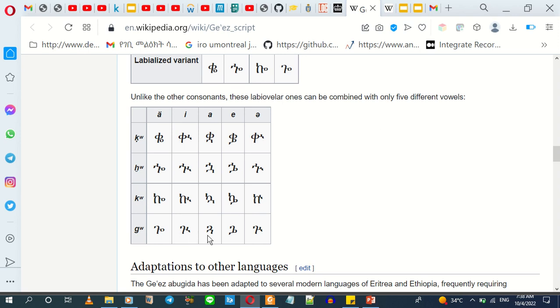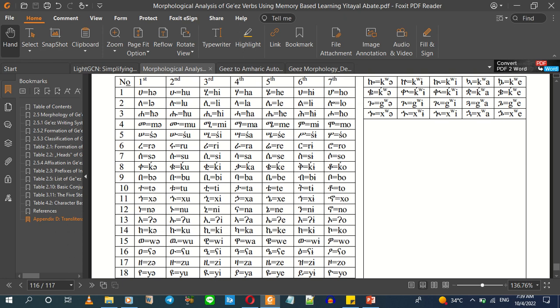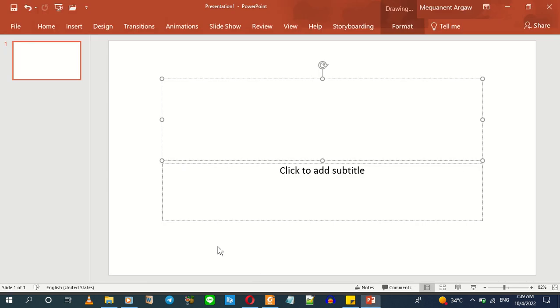They have some additional characters: 4 times 5, which is 20. Totally 26 times 7, plus 4 times 5, it is around 202 characters.